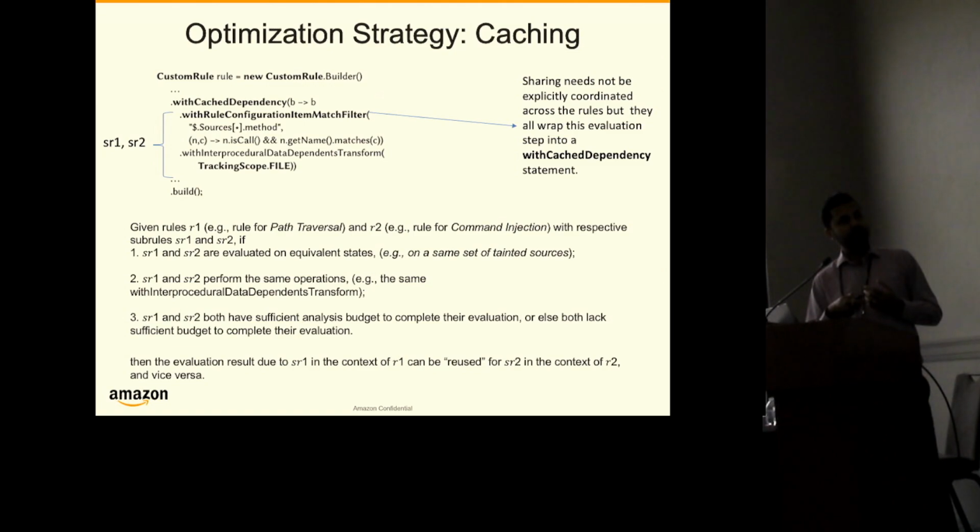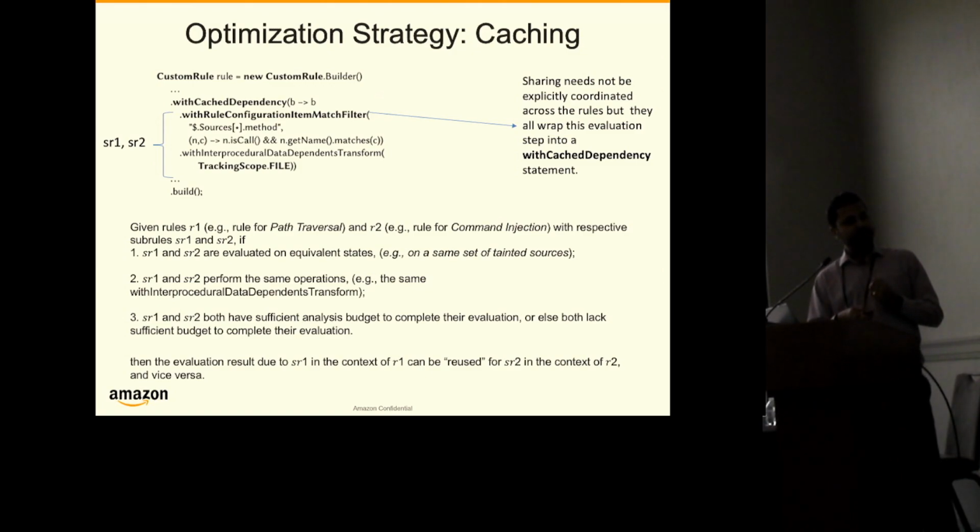So for example, here we have specified this runs in a file scope. Sometimes the rule author can specify that I want my interprocedural analysis or this forward data flow only to be in the package scope, right? So you can become more expressive by specifying how complex your analysis can go, either file scope or method scope or package scope.